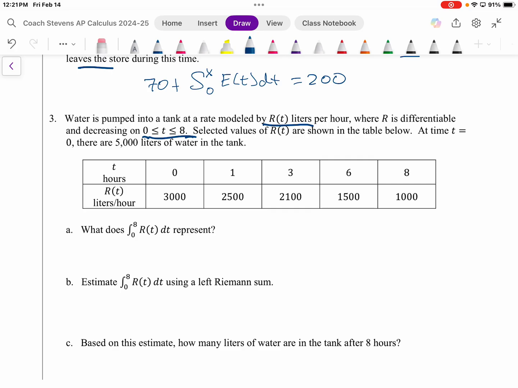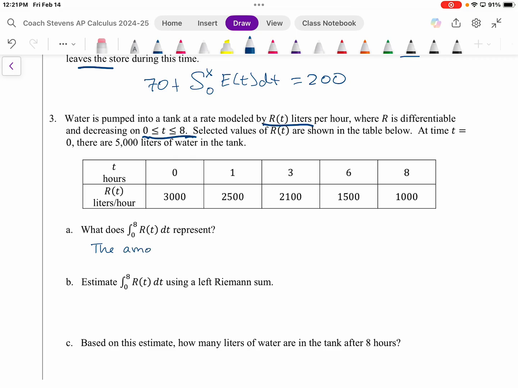There are selected values of R of t as shown in the table below. At time t equals 0, there was 500 liters of water in the tank, and so forth. They ask us, what does the integral from 0 to 8 of R of t dt represent? So this is not a solving. This is just, hey, explain what it means in a sentence. So this is the amount. Again, R of t was a rate.